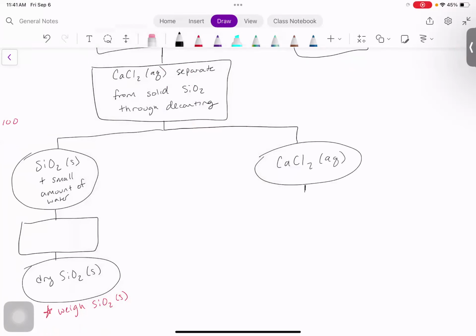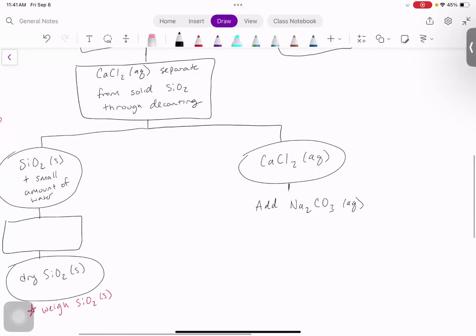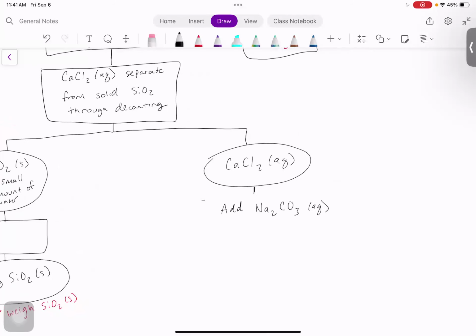So again, going through your procedure, we are going to add something. I'll just let you know here, we're adding sodium carbonate, and that's an aqueous solution. We're adding a solution of sodium carbonate. And when we do that, there's going to be another chemical reaction. We're adding sodium carbonate to instigate a chemical reaction.